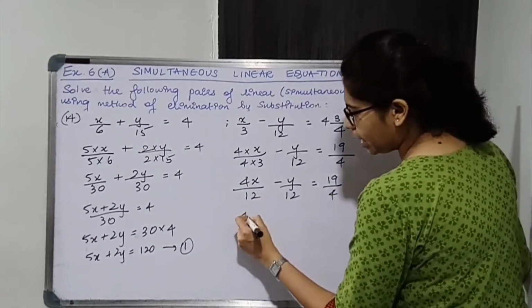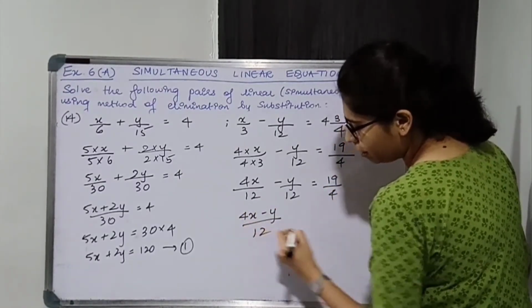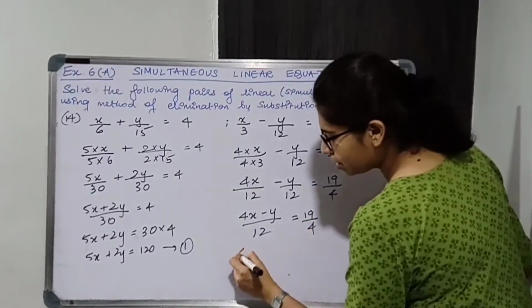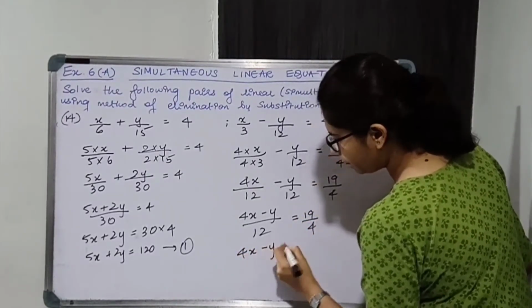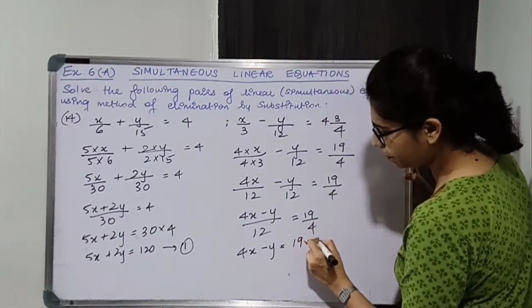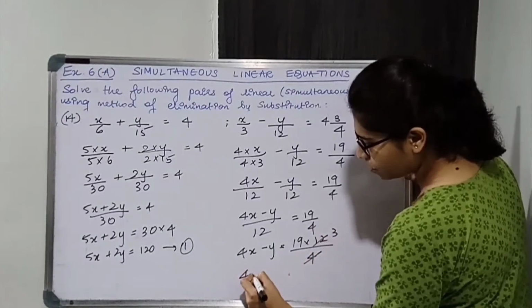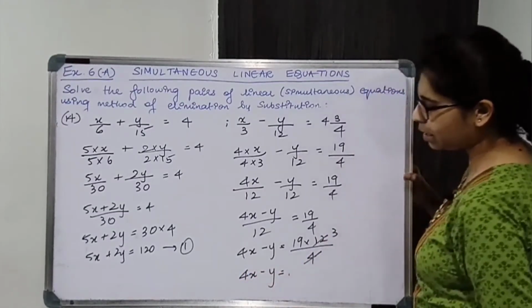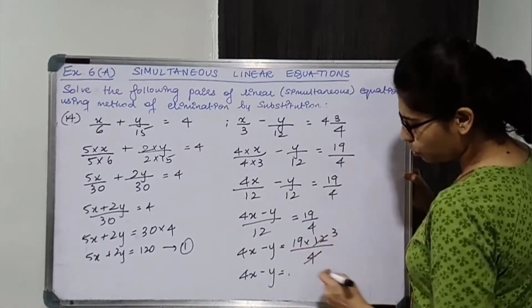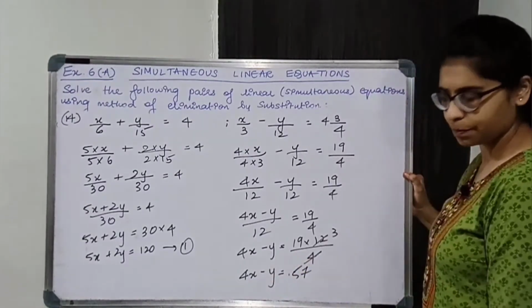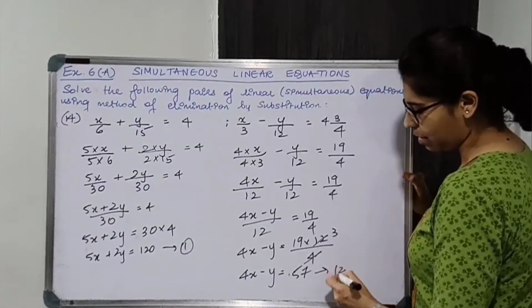So here we will get 4x minus y by 12 is equal to 19 by 4. Shifting 12 on the other side, 4x minus y, this will go in numerator, right? 4 3s are. So 4x minus y is equal to 19 into 3. So we'll get 57. Okay. Number this as 2.